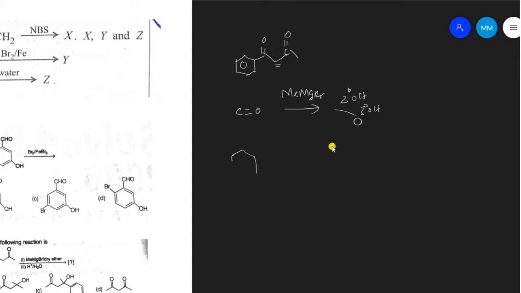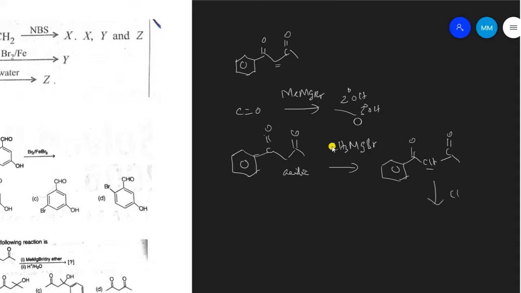Similarly, this compound is treated with methyl magnesium bromide in the presence of ether. It acts as a base. Due to the presence of two carbonyl groups, this methylene group is acidic. So it ionizes to give the carbanion between the two C double bond O groups. The CH3 minus is added to the methylene part.